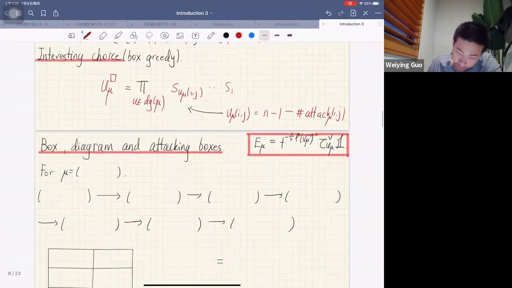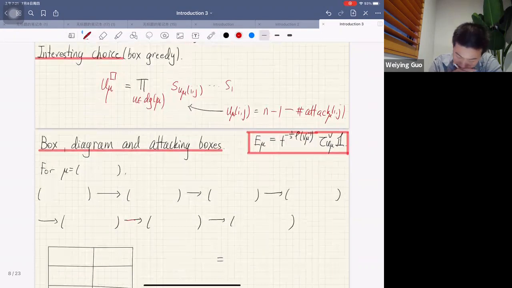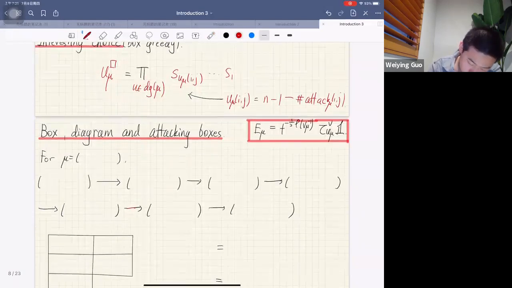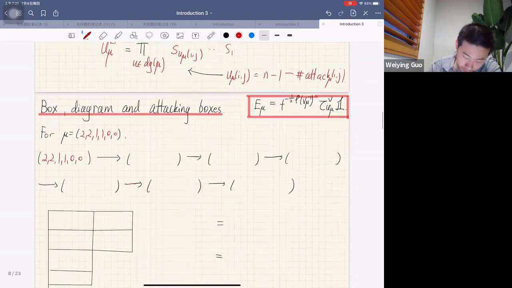So let's see how we actually obtain this U mu box, and then we will explain what those attacking boxes are and what those diagrams are. To obtain this particular choice, for example for mu equals 2, 2, 1, 1, 0, 0, we use the process which we call unwinding mu.